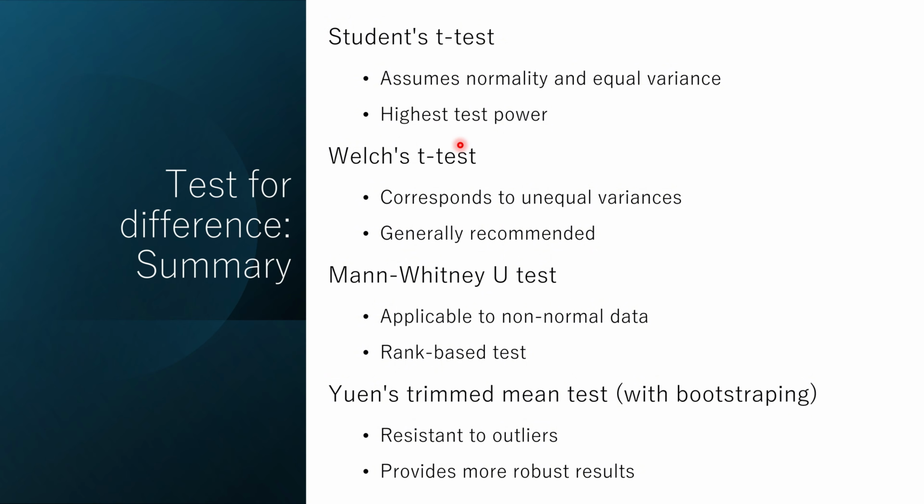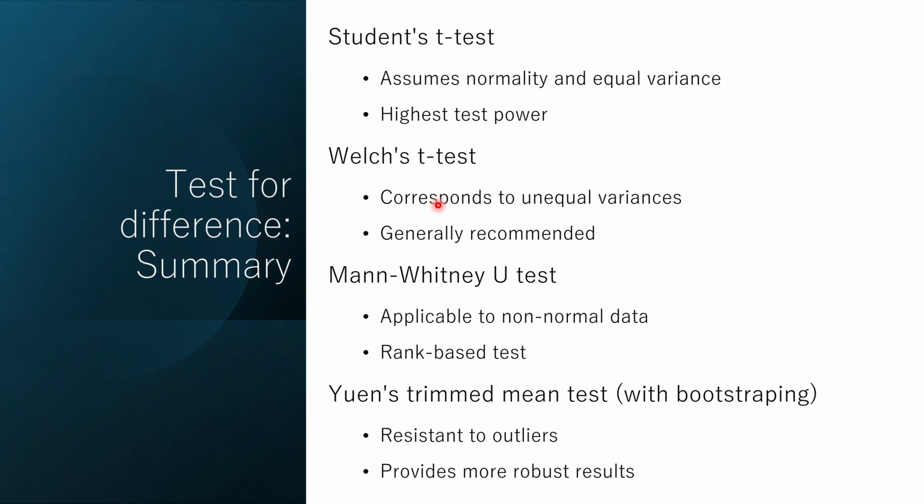Student t-test is the simplest way. This is the classic way. It assumes normality and equal variance. It has the highest test power, but it requires normality and homogeneity, homoscedasticity.